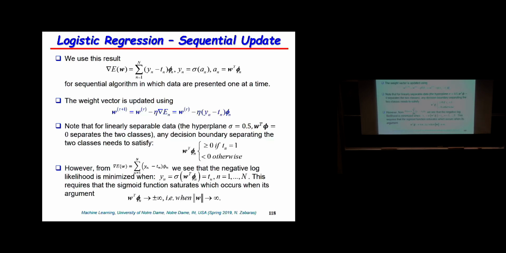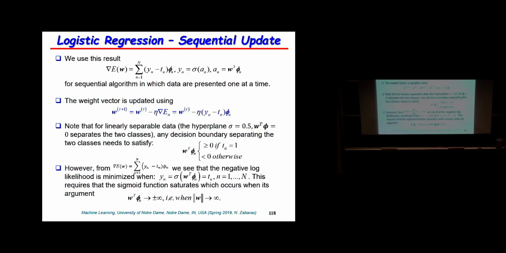Let's go back to the gradient, right? So if the problem is linearly separable, when we try to calculate W, we're going to find a W that minimizes the gradient. Minimizing the gradient means that Yn has to be equal to Tn. But Yn is the sigmoid of W transpose phi n.